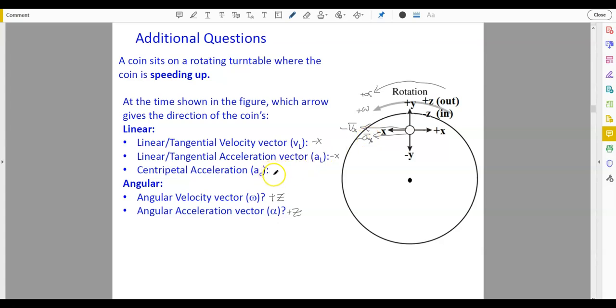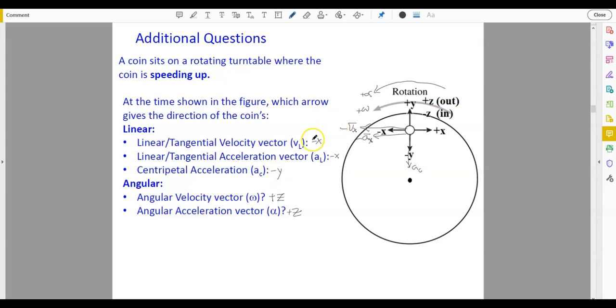However, it's got an additional acceleration vector on it that will just be turning it, right? The glue is kind of a friction force which is pushing it towards the center of the circle. So its centripetal acceleration vector is going to be directed downwards in the negative y direction. Okay?